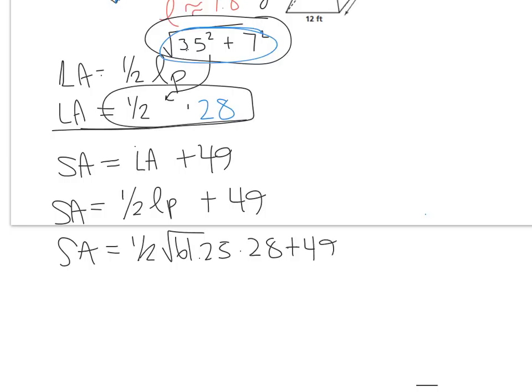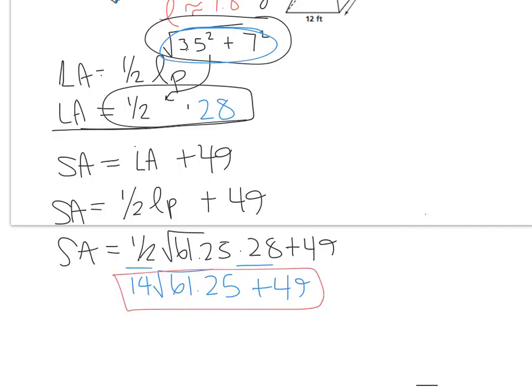So if I'm going to do exact, 1/2 of 28 is 14 root 61.25 plus 49. And at the end, you can't combine these. They're not like terms because of this root. And my units are meters squared.